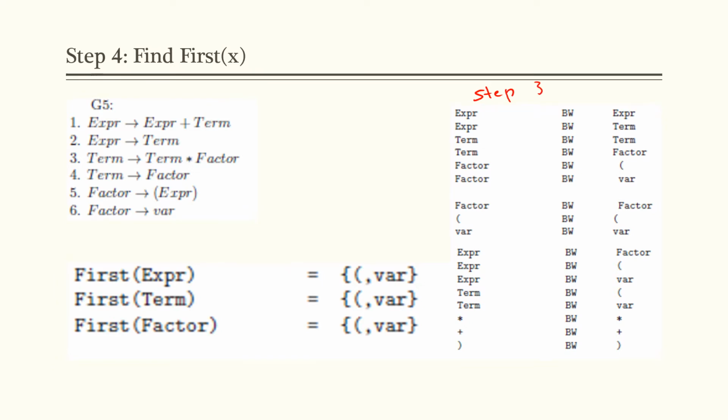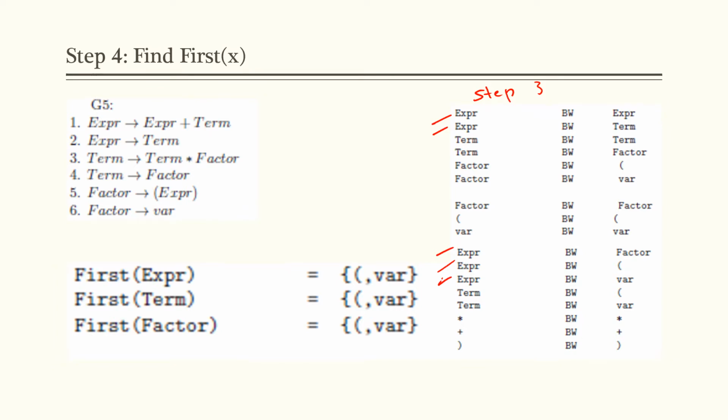For first expressions, we have to look at the expressions in the first string here: the first rule, second rule, third, the ones that I highlighted here. All of these are expressions, but we are only interested in the ones that begin with a terminal.